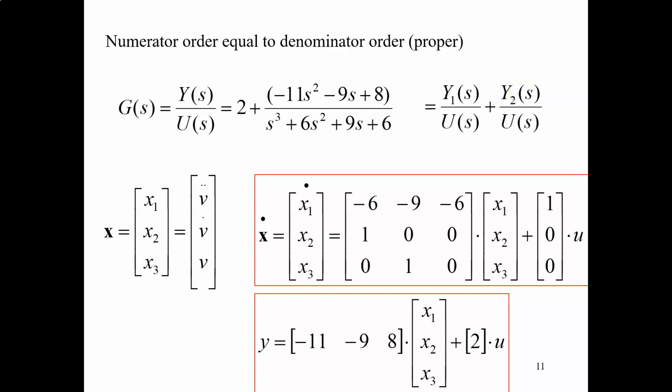Therefore, from what we discussed before, in the A matrix I have -6, -9, -6. Basically, these are the coefficients of the last three terms in the denominator, but you change the sign. So instead of 6, 9, 6, you put -6, -9, -6 here.